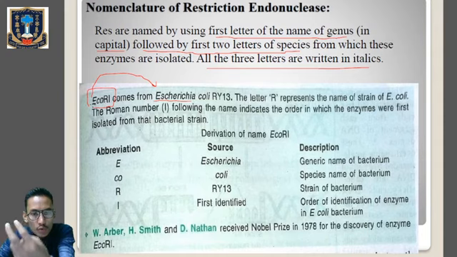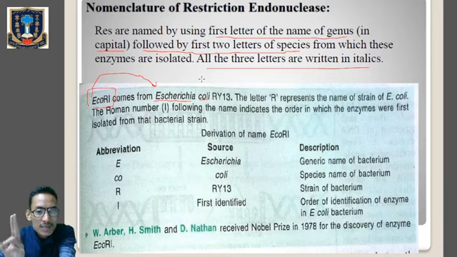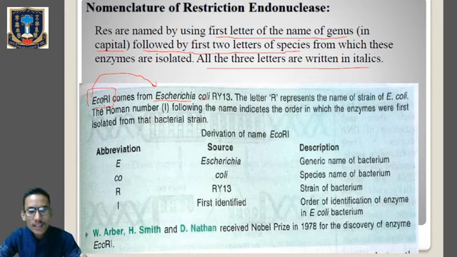Then it is followed by the two small letters which come from the species from which it has been isolated. So CO, can you see over here? Coli, Escherichia coli. CO is coming from the name of the species. So Eco: E is coming from the genus, written in capital, CO is coming from the species. Then R means the subtype or the strain of E. coli.